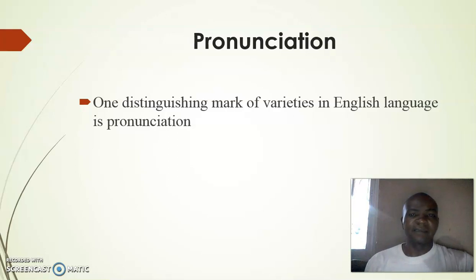So if somebody who speaks a local language decides to communicate in English, and there are certain sounds in English that are not found in his or her local language, the tendency is that he will speak English as if he was speaking the local language, because he will be forced to transport the sounds of the local language into English.